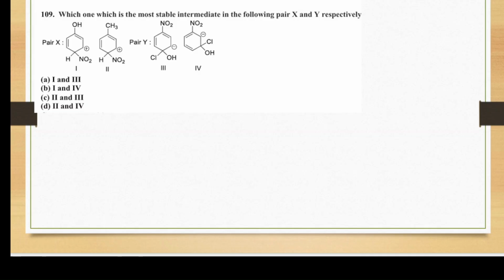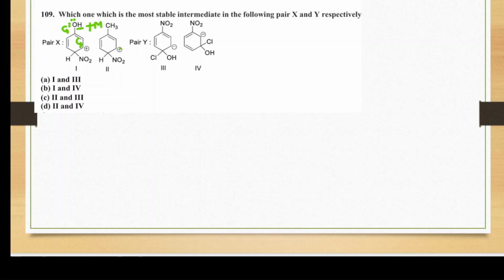This question says, which of the following is the most stable intermediate in the following pair X and Y respectively? Okay, so pairs have been given. You have to predict the stability of again the carbocations. In the pair X, if I see this OH group that is present, it can apply the plus M effect over here like this. It will be stabilizing the carbocation over here.